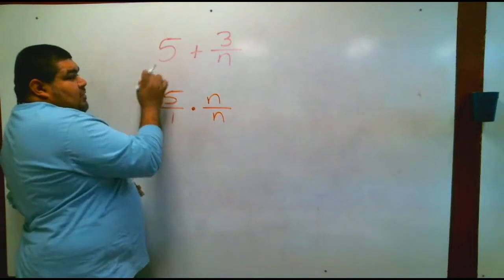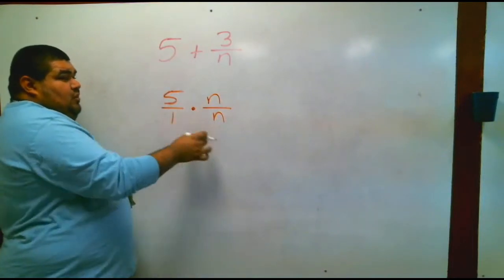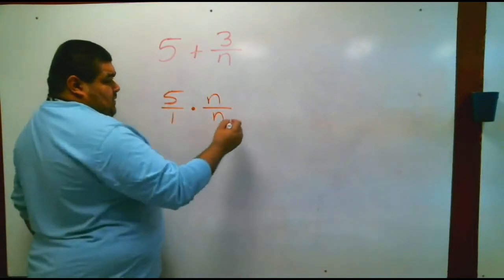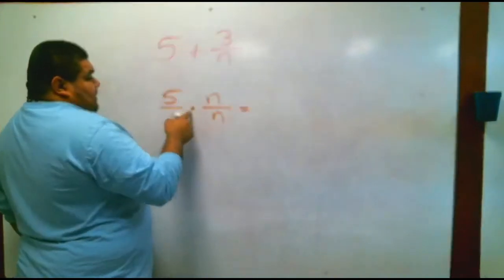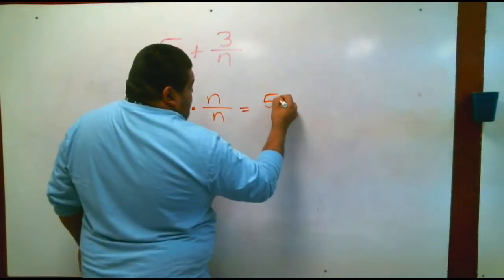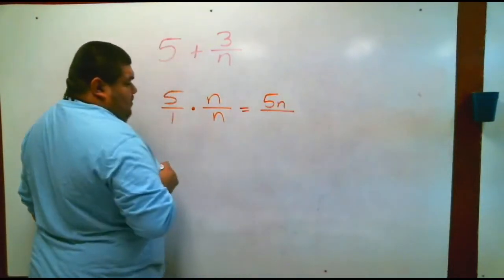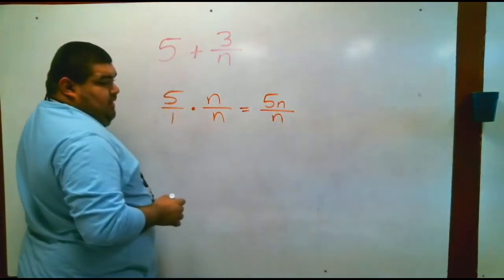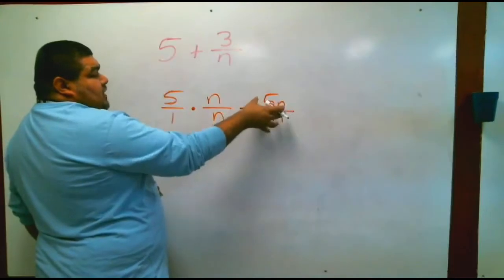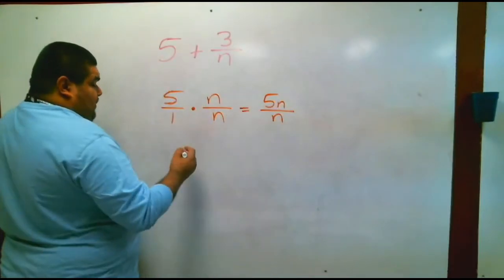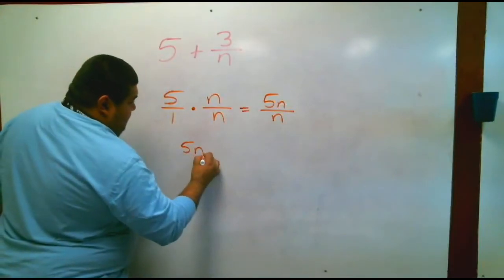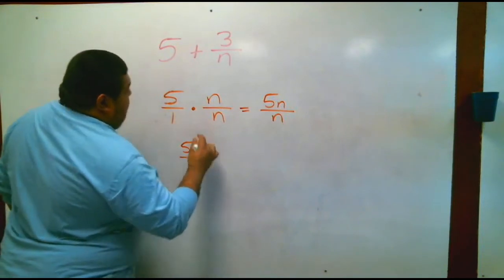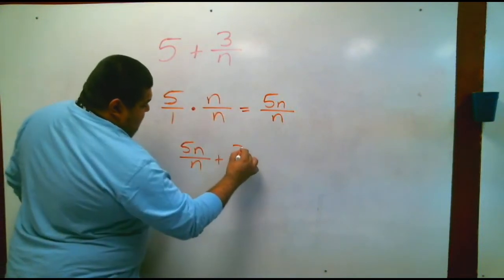Since you're putting an n on the bottom to make it into a fraction, you have to do the same to the top. So 5 times n is 5n over 1 times n, which is just n. So our new product looks like this: 5n over n plus 3n.